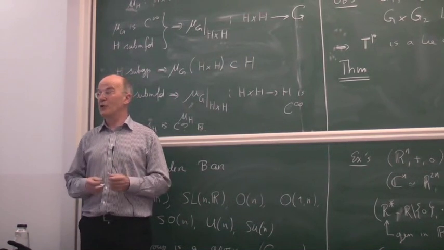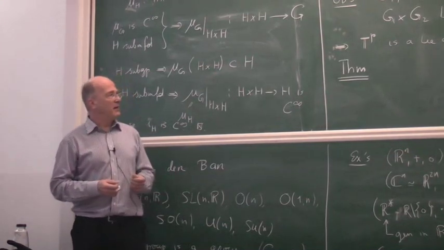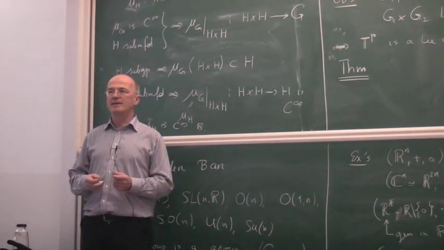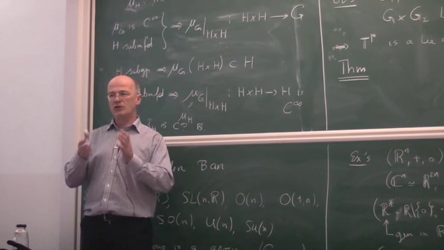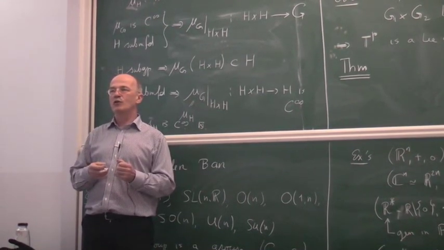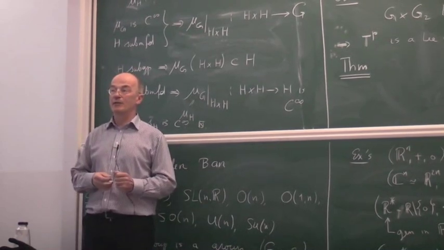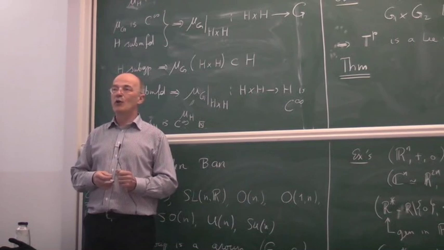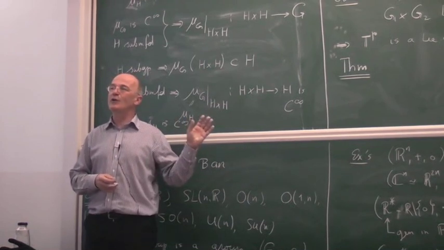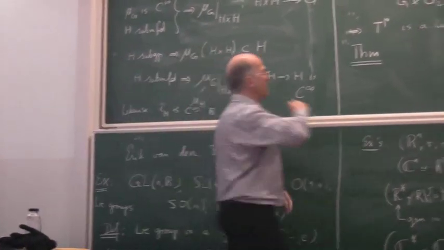This is something that we are going to introduce during this course. And of course you cannot expect such a structure at the identity to say much about connected components of the Lie group that do not contain the identity element. So in some sense this is really going to be a theory of connected groups. And then the theorem is as follows.